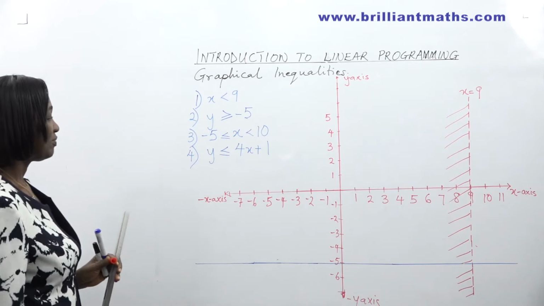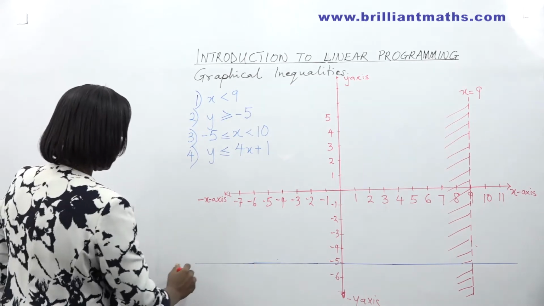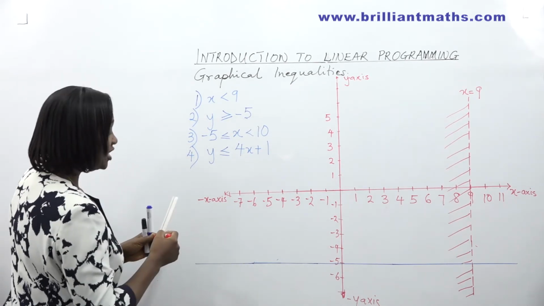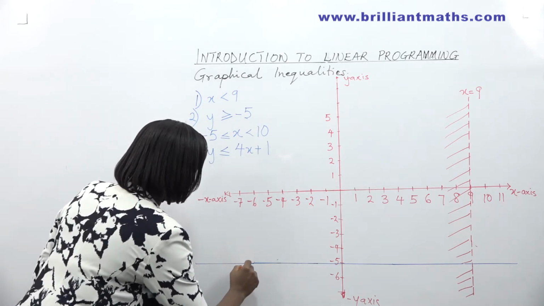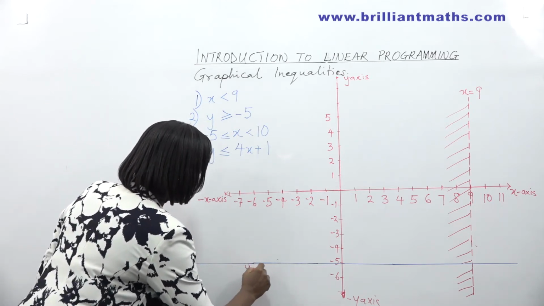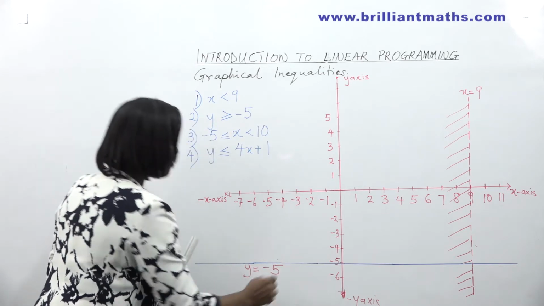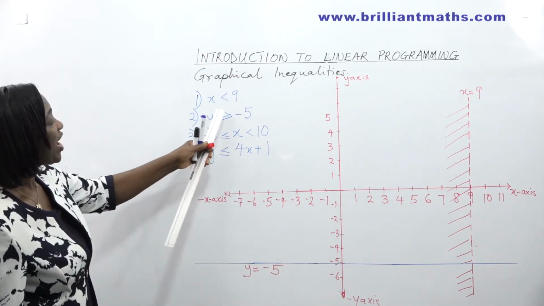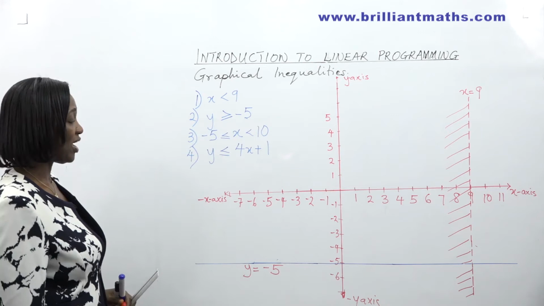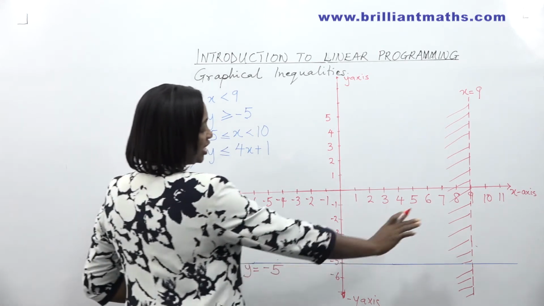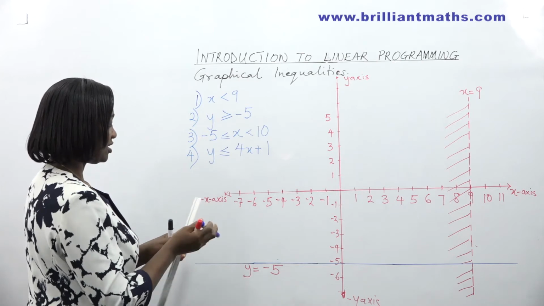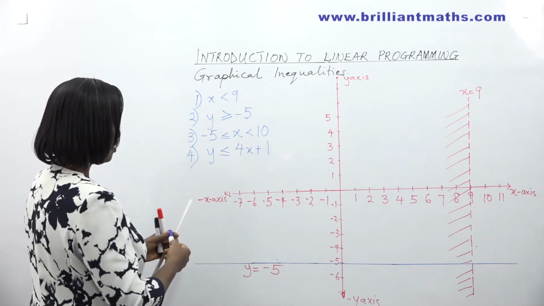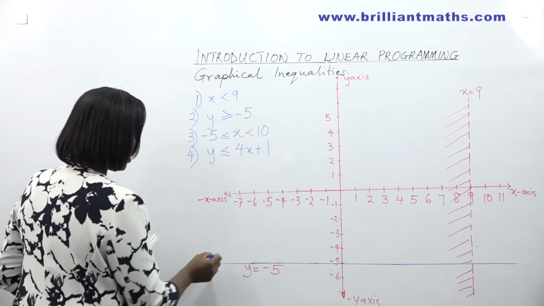All right. This is the line y is equal to minus 5. So if y is greater than or equal to minus 5, we have a solid line showing that negative 5 is inclusive, and then y is greater.